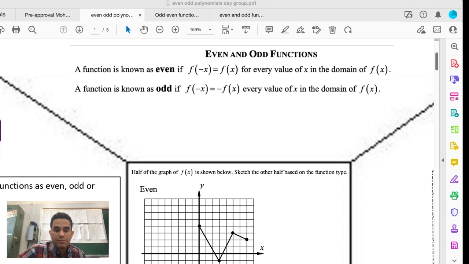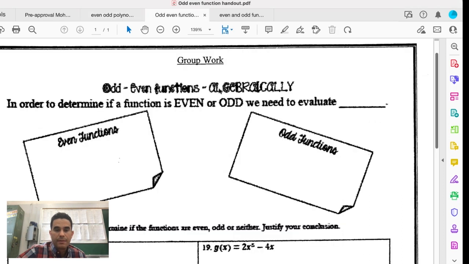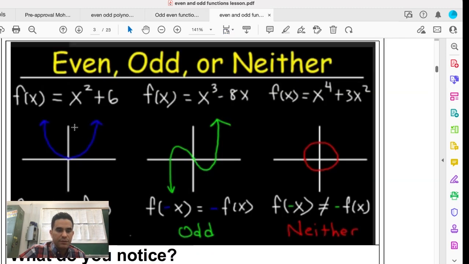So if we look over here, this is an even function. If I look at the negative x and the positive x, notice it's going to be equal. However, if I get the negative x over here, and I look at the positive x here, notice it's going to be negative and that's going to be positive. So it's actually the negative, or change the sign of that. So that's pretty much how even and odd functions work.